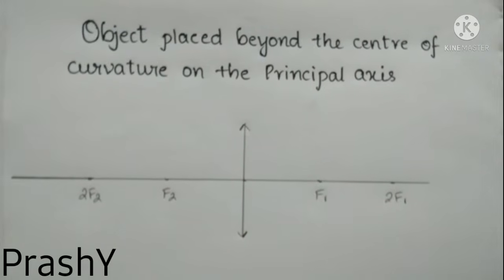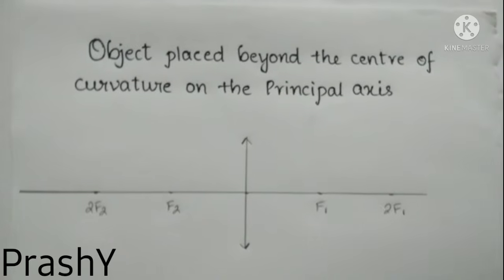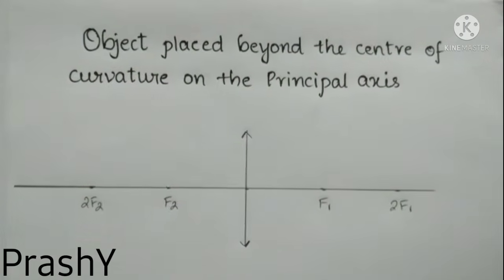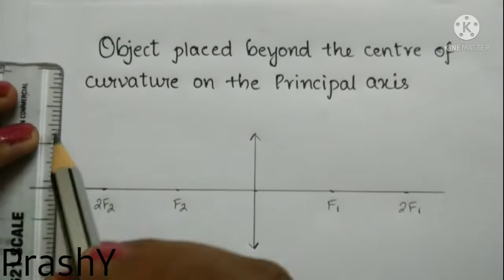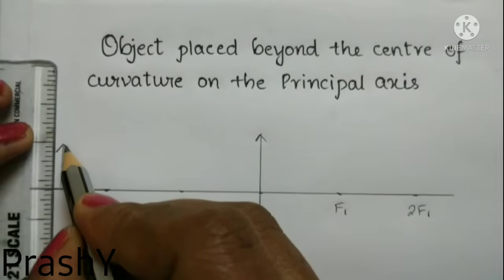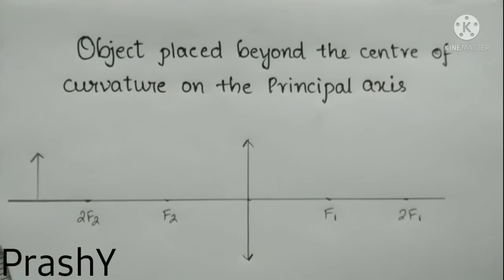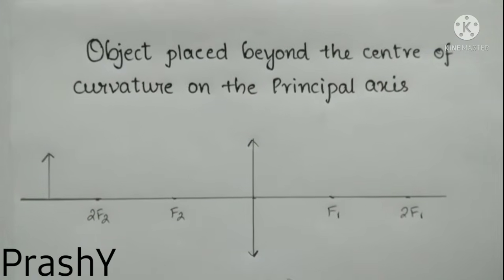Now let us see the ray diagram for the object placed beyond the center of curvature on the principal axis. Let us first check for the convex lens. I am placing the object beyond the center of curvature, that is 2F2. We need two rays to trace the image, so let us first take the ray which is passing through the optic center.